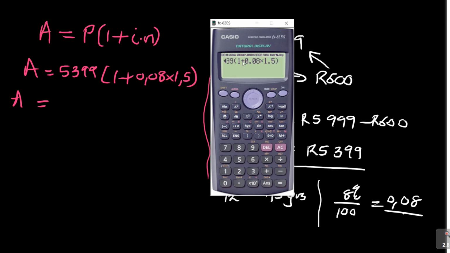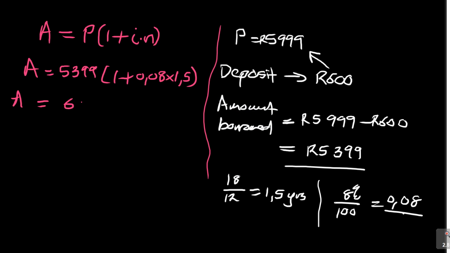Let's do that. It's going to be 6,046 rand 88 cents, if I did it right, but you can cross-check with your calculation. 6046,88. So this is what this amount is going to be.